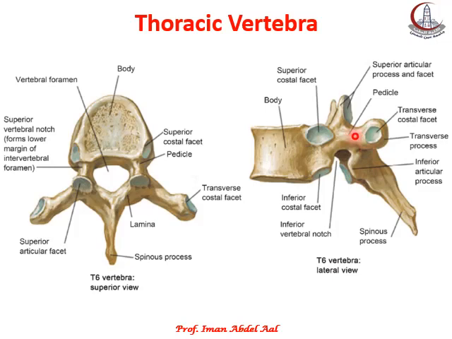And then I have the transverse process with its costal facet. Here I can see the superior articular process with its superior articular facet. I cannot see the inferior one. Here is the inferior one. This is the transverse process with its transverse costal facet. And this is the spine.